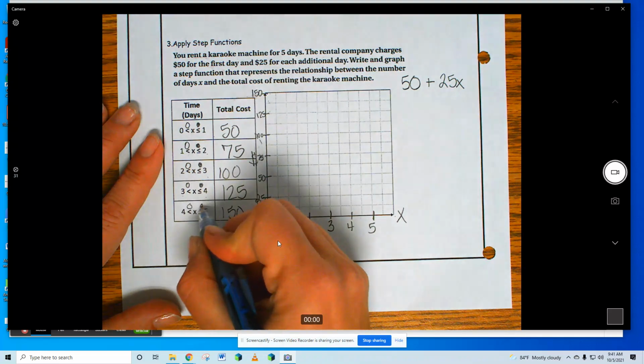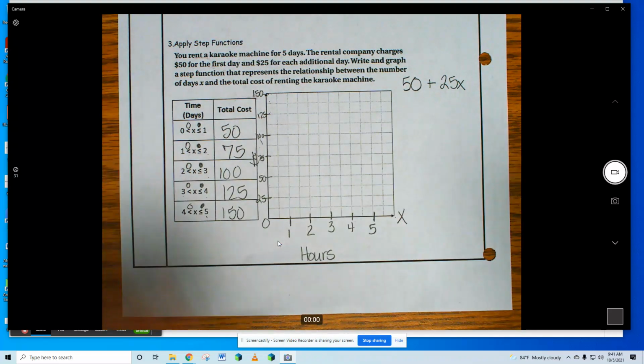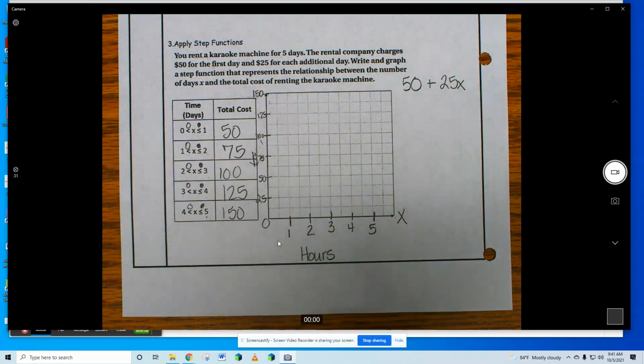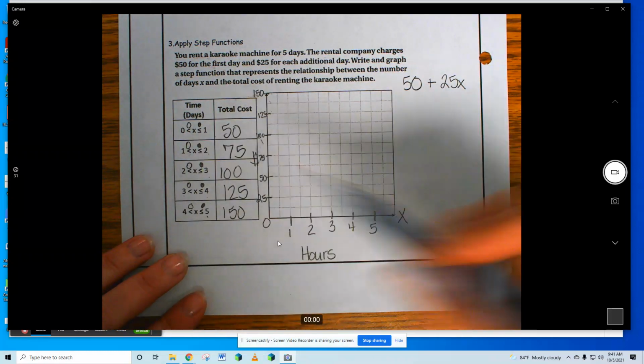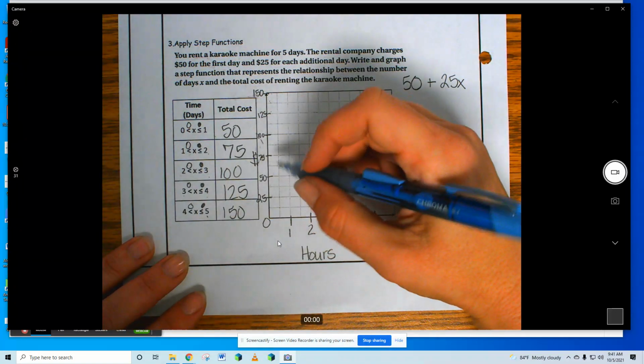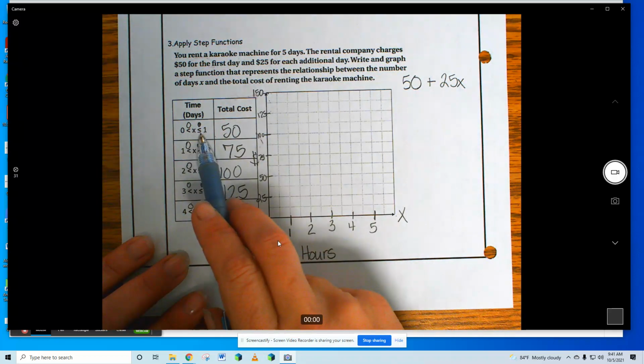Open, closed. All right, here we go. Between 0 and 1 hours is $50. Open circle at 0, close circle at 1.